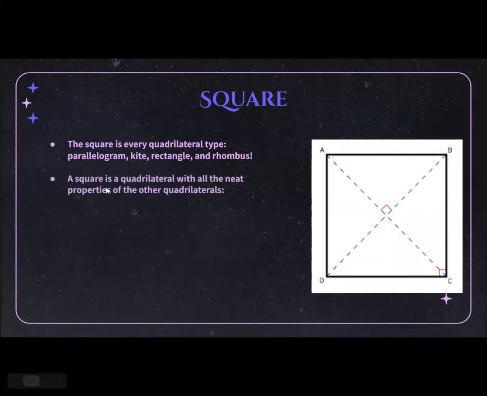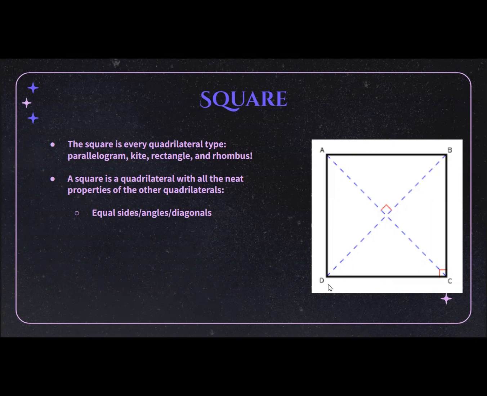So a square is a quadrilateral with all the neat properties that we just talked about, except for trapezoids, of course. It has equal sides, equal angles, and equal diagonals. All the sides are equal, all the angles are 90 degrees, and the diagonals are also equal in length. They are also perpendicular, which just means they meet at a 90-degree angle.